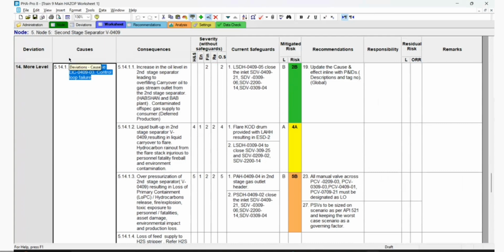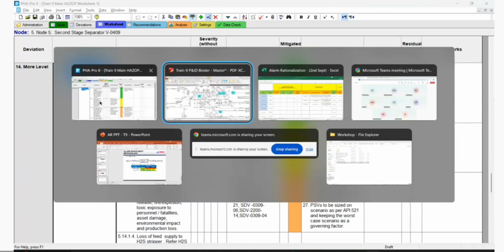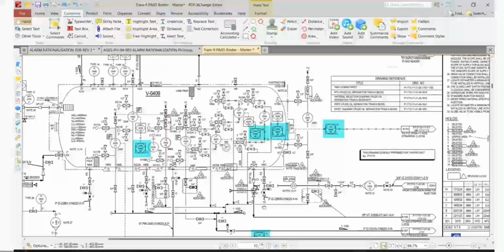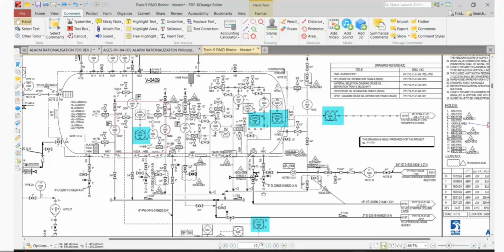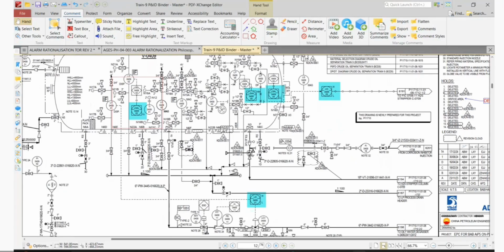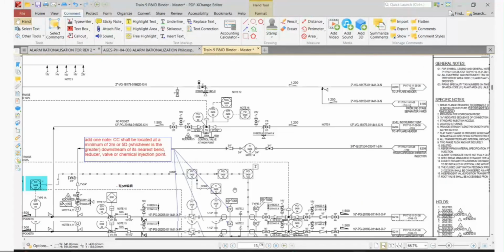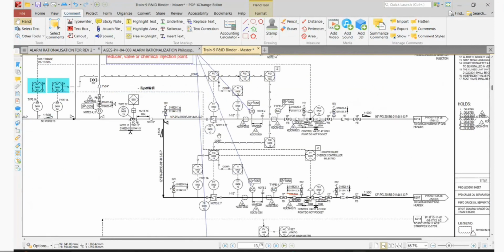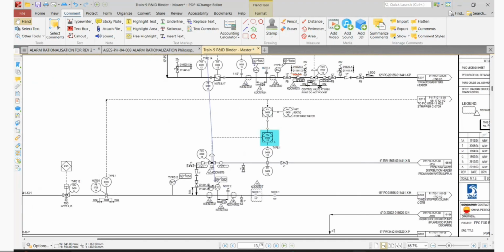So where is the LCV 003? Manual. Where is LCV? Okay, go down, go down, go down.